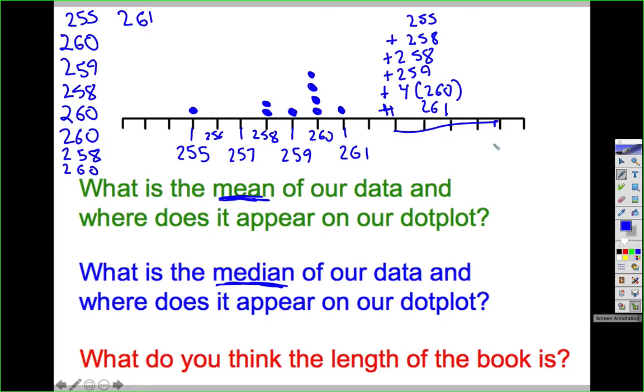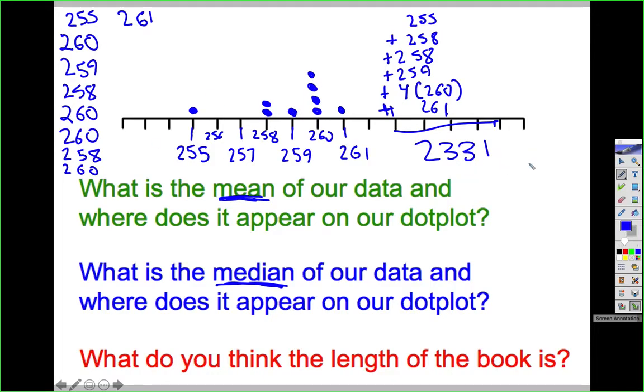So let me pull out my calculator real quick. This won't take long. 255 plus 258 plus 258 plus 259 plus 4 times 260 plus 261. And you add it all up. I get 2331. So add up all the data.